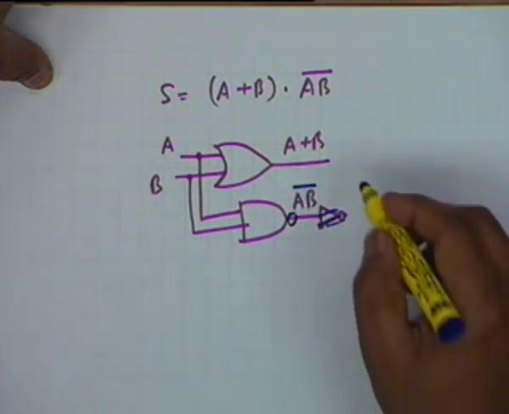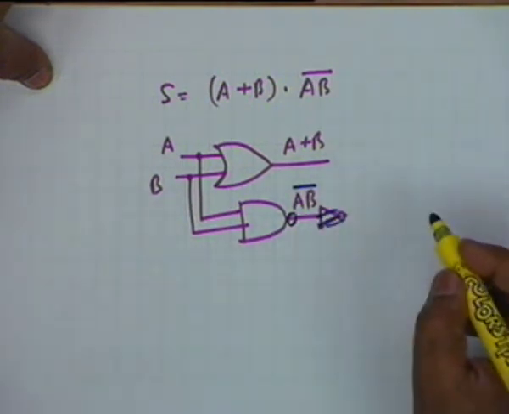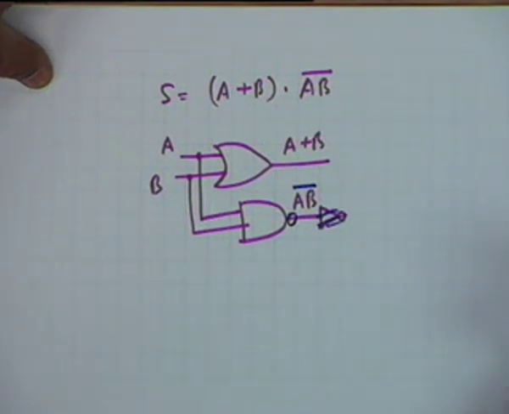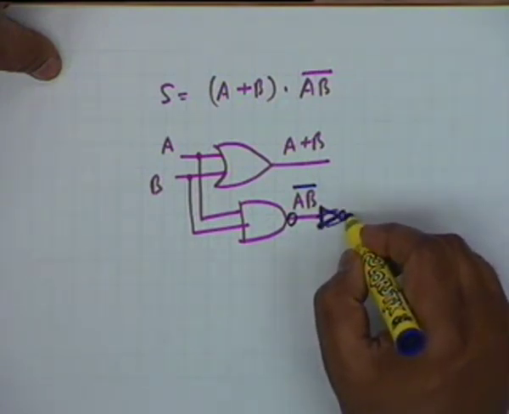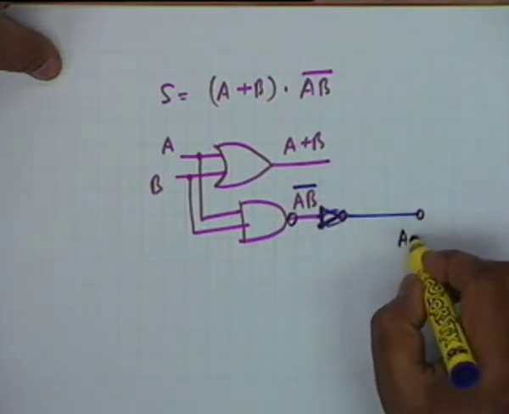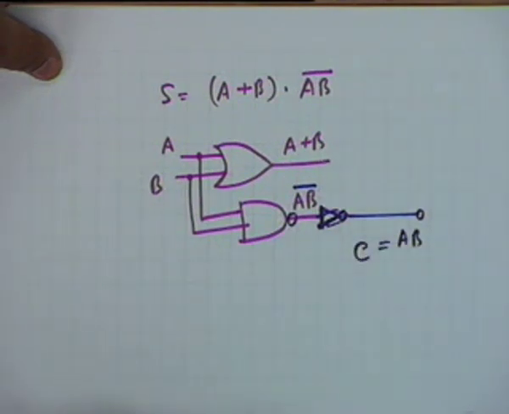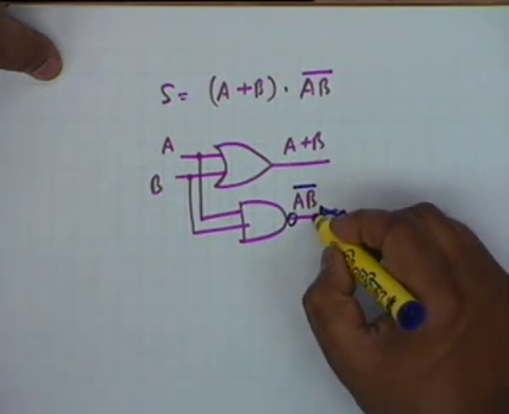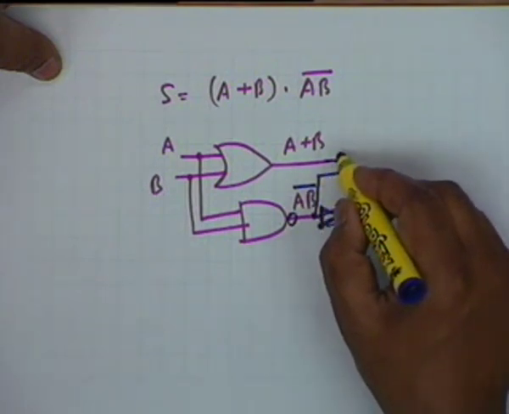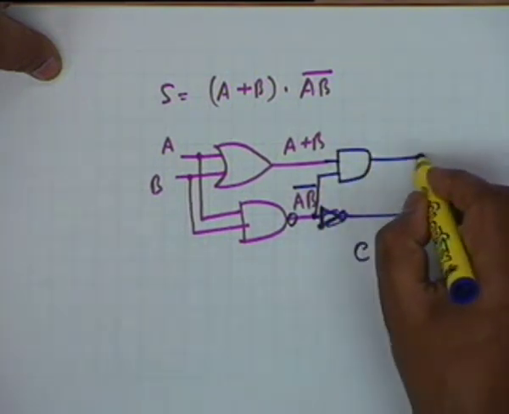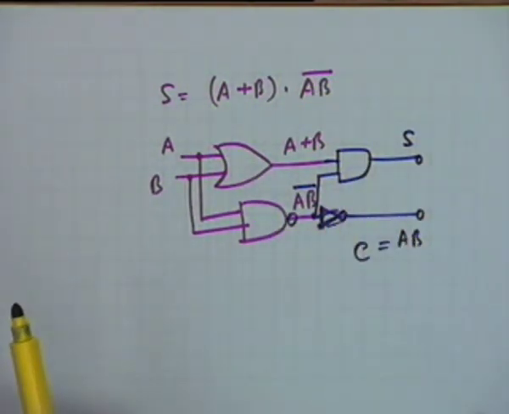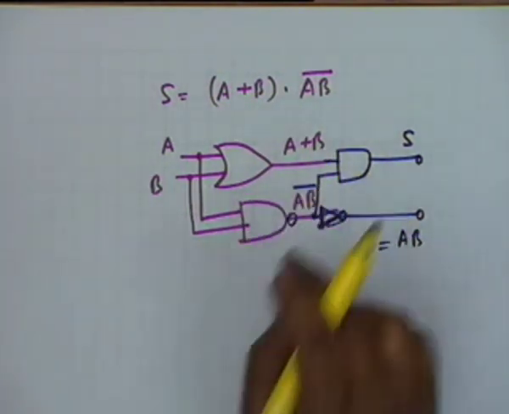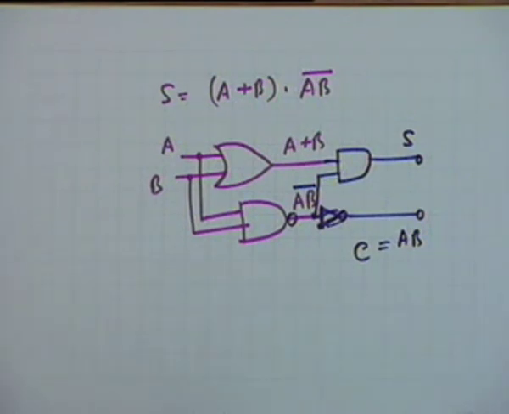Then this is AB bar, and therefore either way it's okay. We have to use another NAND to be able to get AB, which is equal to C. Alright. Now I take this and then AND. So it is S. How many gates have I used? 1, 2, 3, 4. Instead of how many did we use earlier? 7. Alright. So this is less costly than the previous circuit.